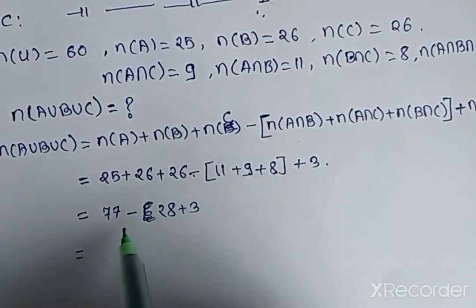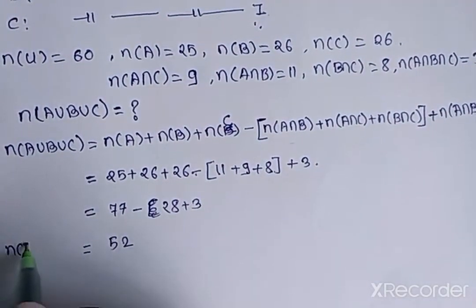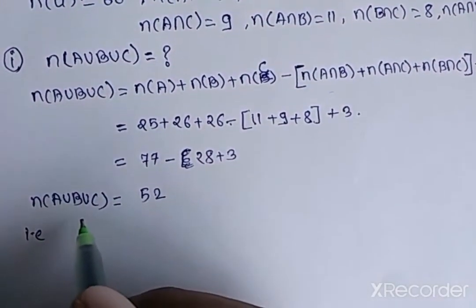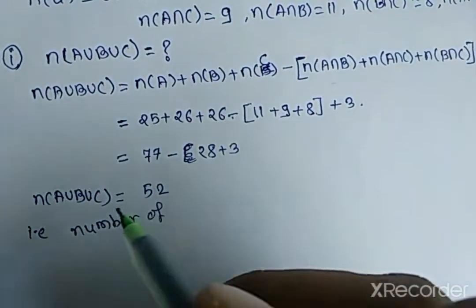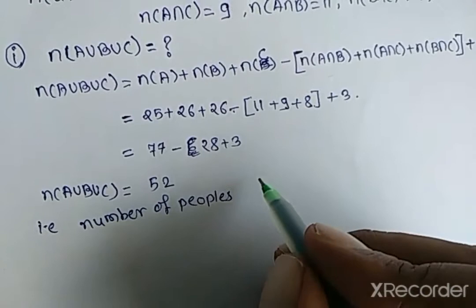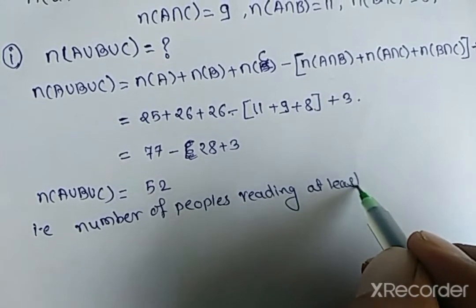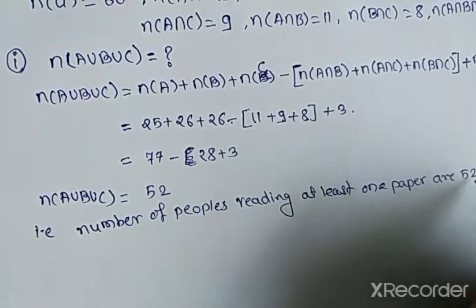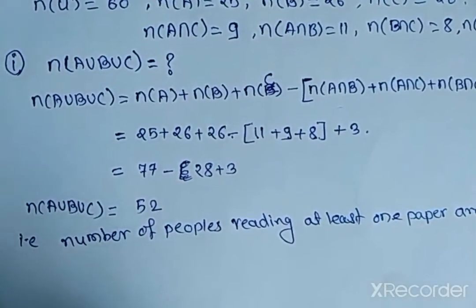So here we get the total calculation as 52, which is N of A union B union C, that is, the number of people reading at least one paper is 52. Okay, this is our first solution in this question.